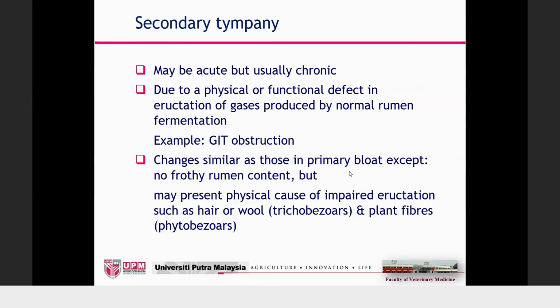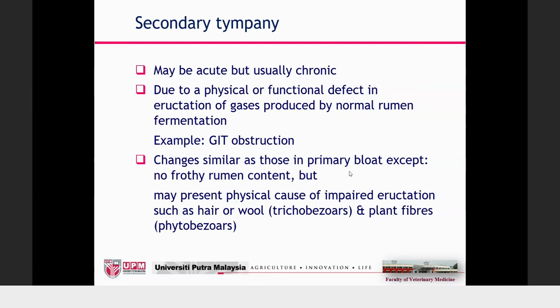But the onset is the same; it is very immediate, and usually it is due to a physical or functional defect in the eructation of gas produced by normal rumen flora fermentation. So what happens is that it's a normal process where there will be fermentation by the normal rumen flora in the rumen, and the gas will accumulate.